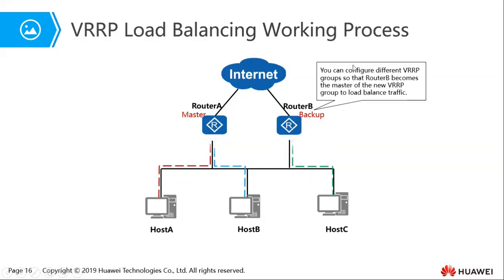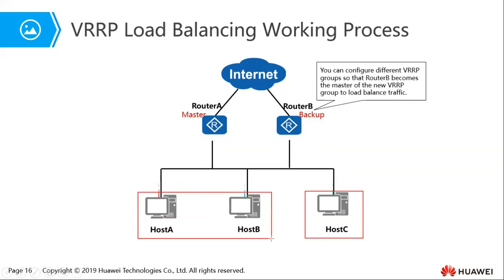So what happens is that we configure host C with the gateway address of group 2, for example, and we configure these two hosts with the gateway address of group 1. That is really how we are able to configure VRRP in what we call load balancing mode.